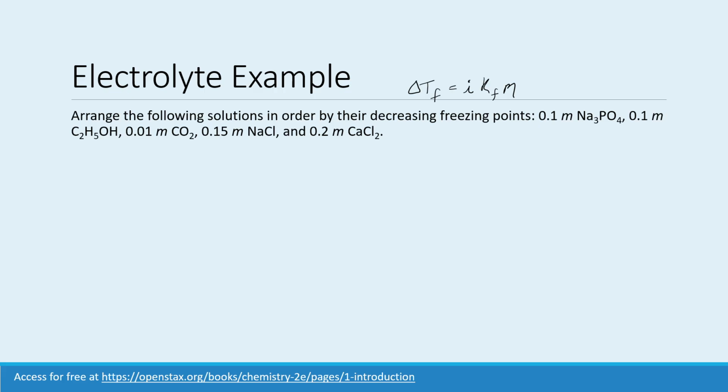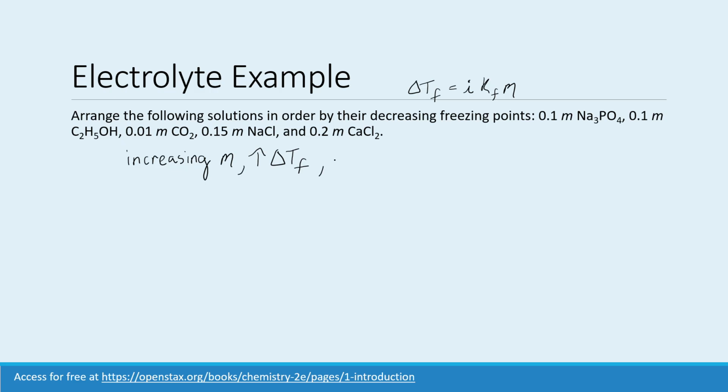So if we want to organize these in order of decreasing freezing points, we basically want to organize them in a way that the molal concentration is increasing. So just keep in mind, an increasing molal concentration is going to increase the change in temperature, but it's freezing point depression.